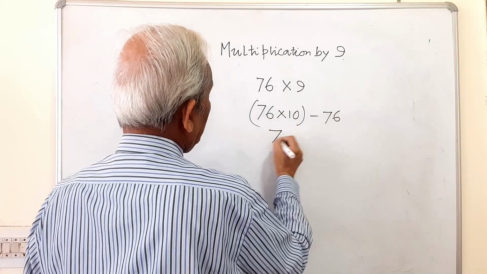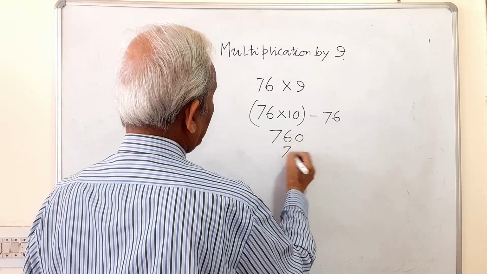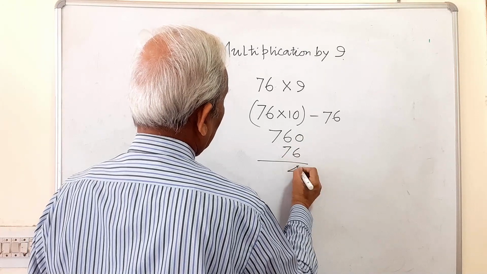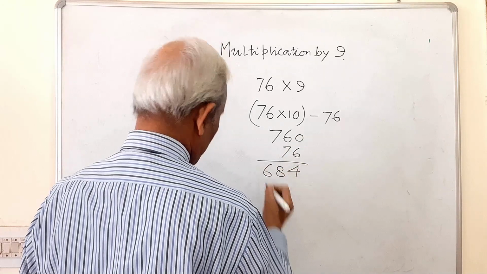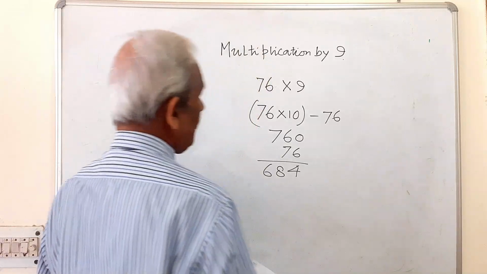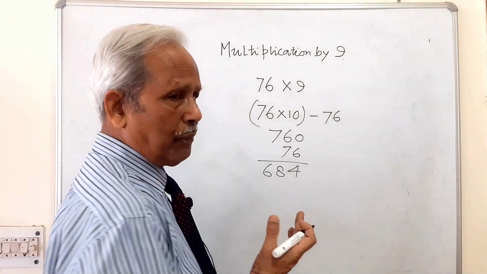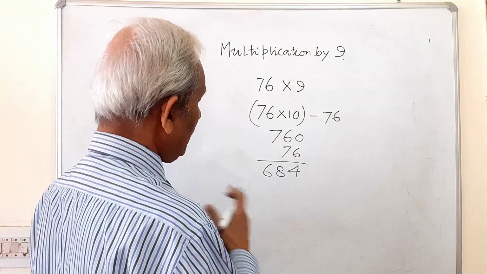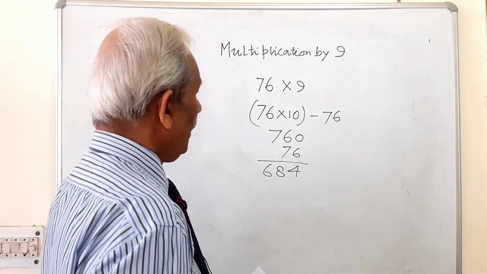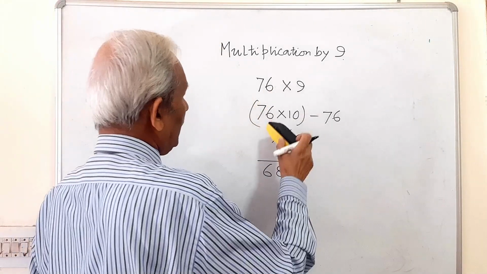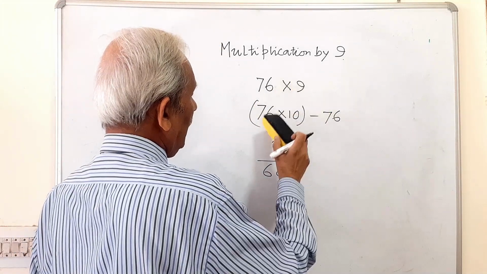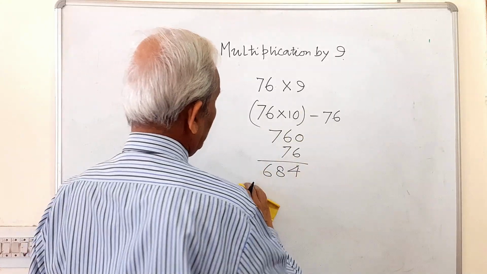This is 760 minus 76, 684. I hope you have followed it. There is nothing difficult at all. Only thing is how we think about it: instead of 9, multiply by 10 and reduce by 76.